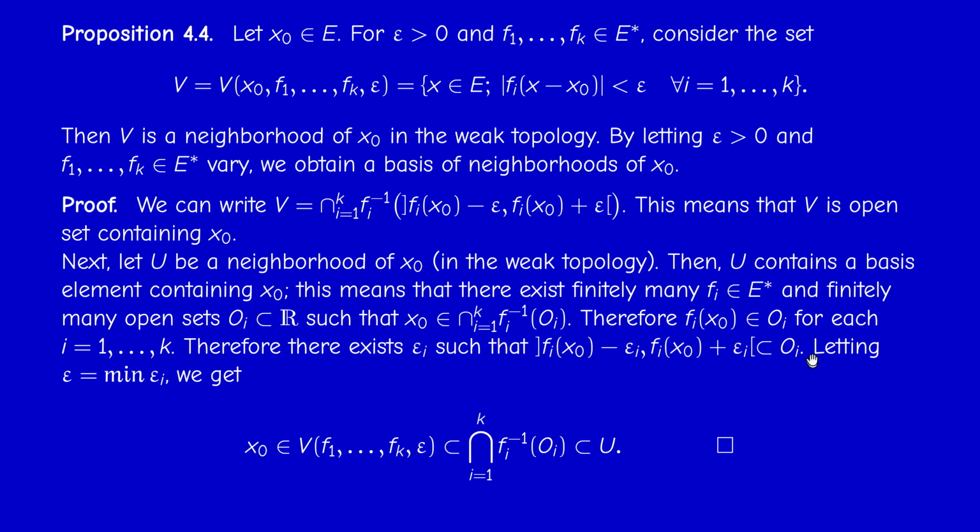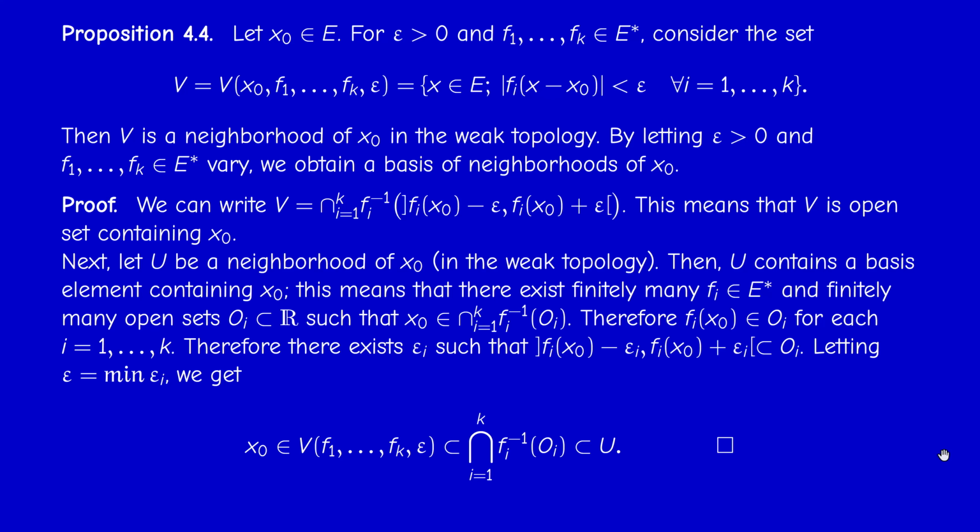So fi of x is in oi, and this means that x is in fi minus 1 of oi, and this is true for every i, so x is in the intersection, and the intersection is by construction in U. So every weak neighborhood of x0 contains a set of this form. I should put x0 here actually. So whenever we deal with weakly open neighborhoods of points, we can assume that they have this special form. So it's very convenient.